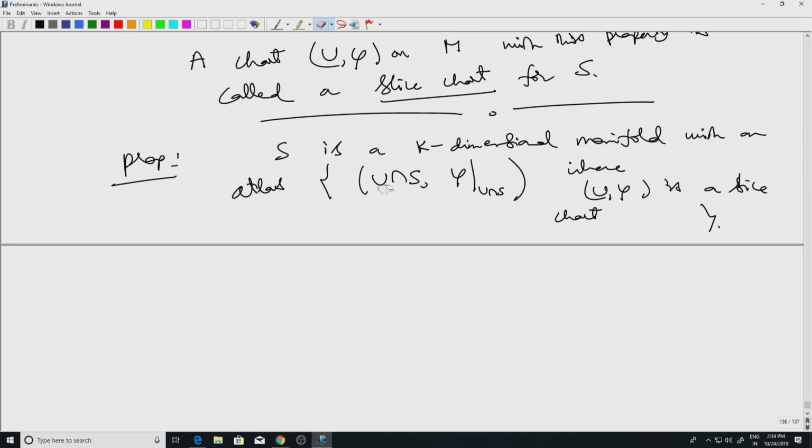In other words, charts on S with smooth transition functions.